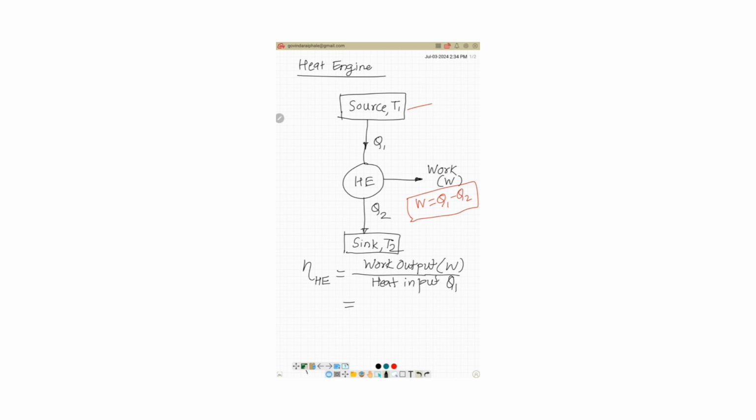Here the work output W is Q1 minus Q2, divided by the heat input Q1. So the equation is 1 minus Q2 upon Q1, that is the efficiency of the heat engine. This is the basic formula to find the efficiency of the heat engine.